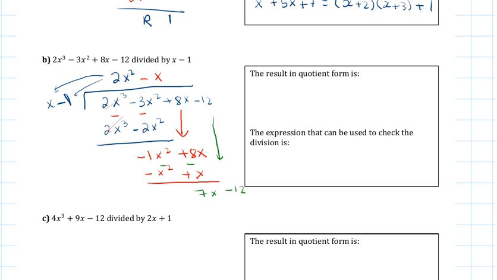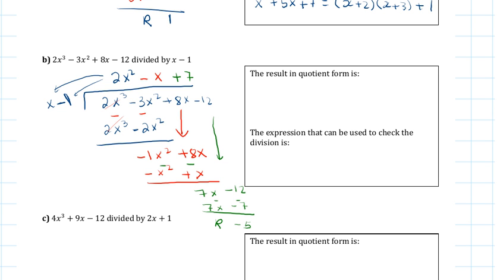And then finally bring down the negative 12. 7x divided by x gives me 7. Then I do the multiplication, so it's 7x minus 7. And if I do the subtraction, that's negative 12 plus 7, which is negative 5 as the remainder.